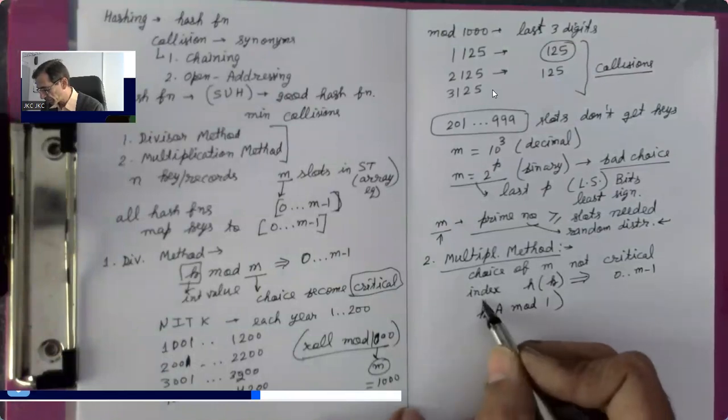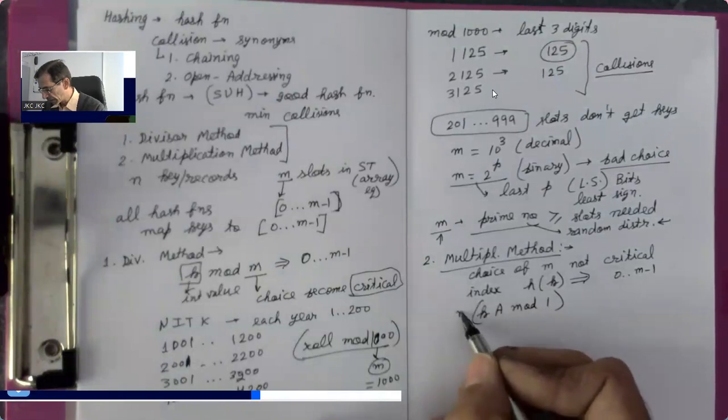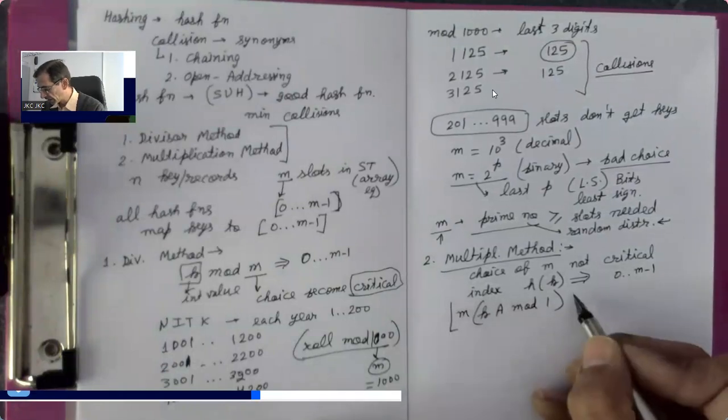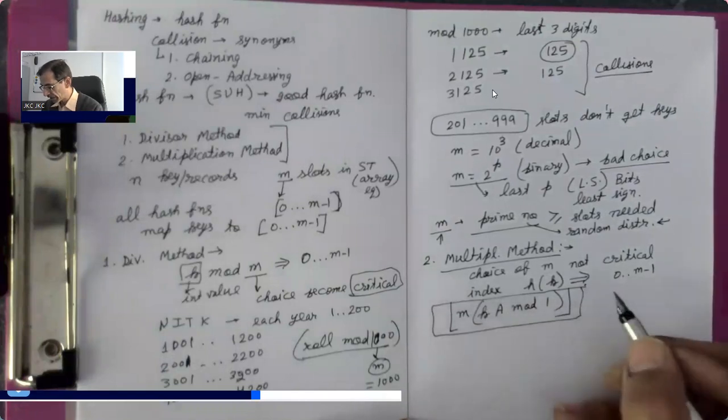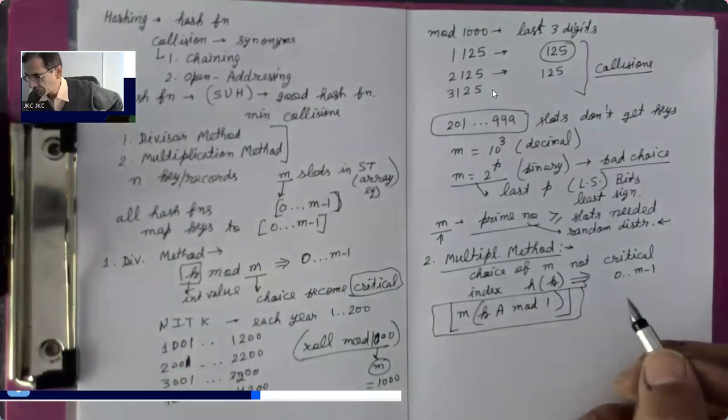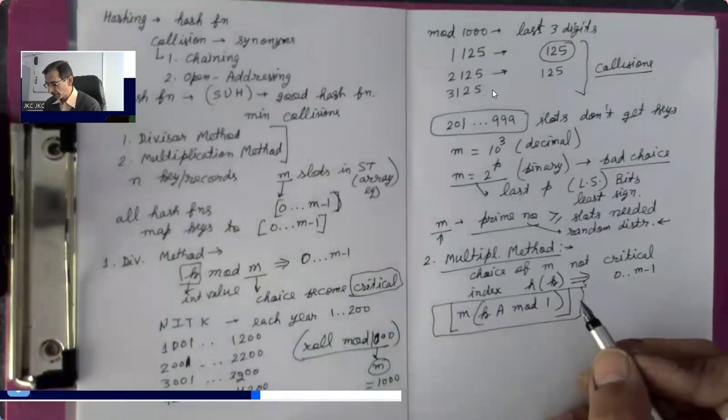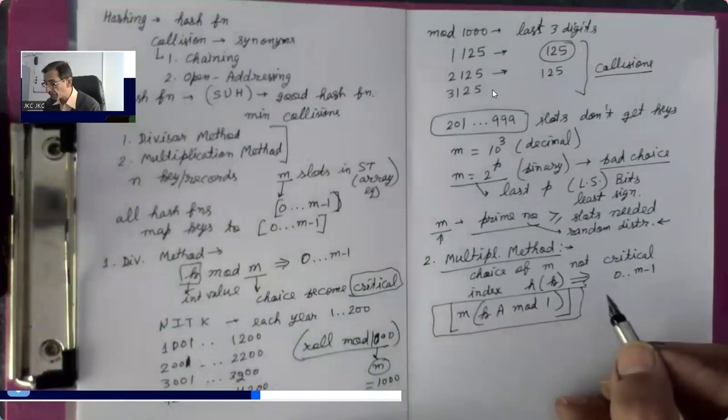What does mod 1 mean? I'll explain. Then multiply with M and take the floor of this. This is one way where the dependency on M gets reduced, and I can still get a better distribution, where M is used to decide the range.